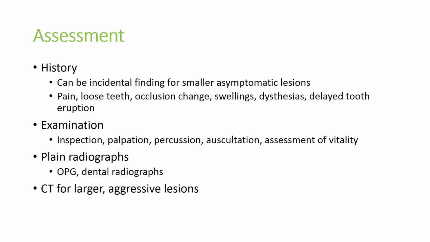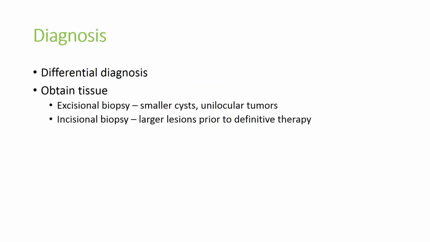If you don't know how to do it, you get a dentist to do it. Plain radiography is first line, CT for large aggressive lesions, and MRI is also useful, especially for maxillary ameloblastomas or recurrent lesions.